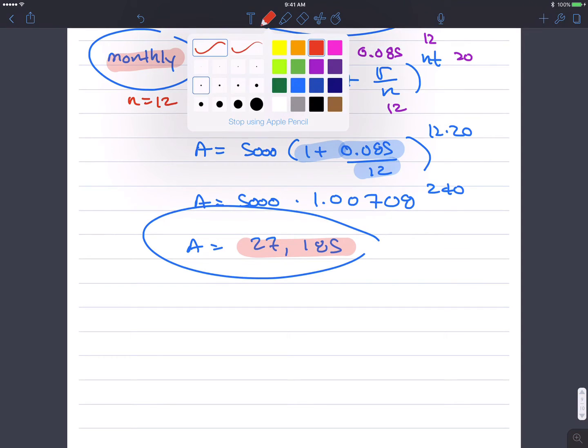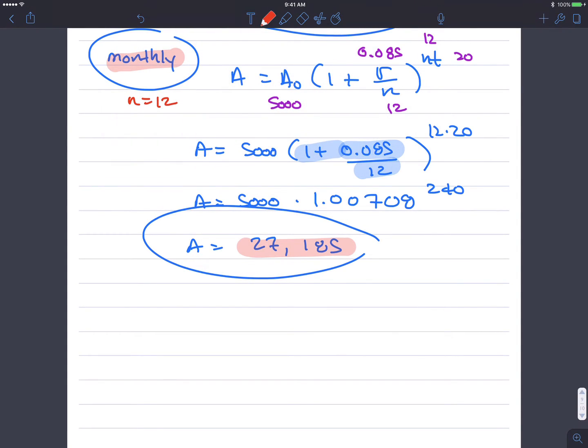How about if I said to you, let's get our interest paid not every month, how about every day? Let's say N be 365. That would be daily. Isn't that amazing? Get your interest paid daily. How about if we got our interest every hour? In other words, 365 times 24 hours in a day.